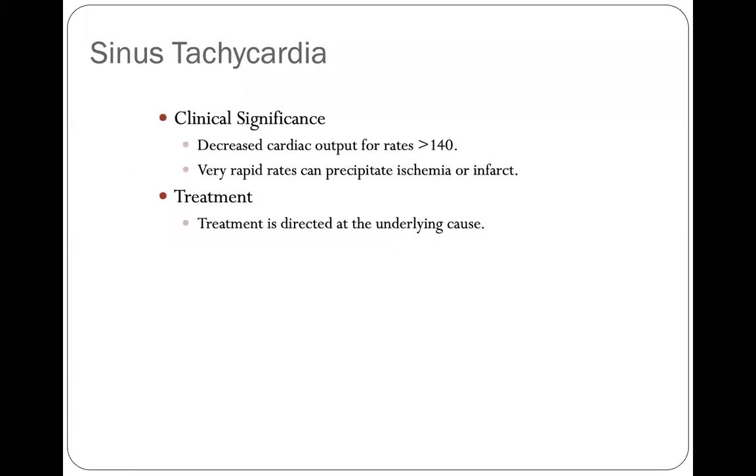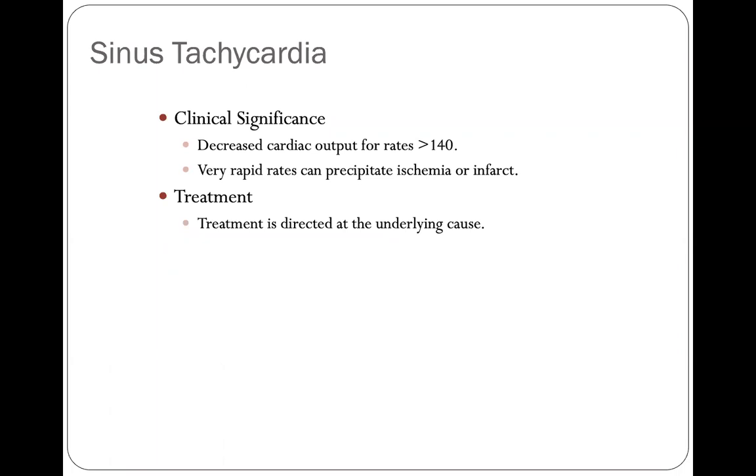Clinical significance: if it's not exercise based, and there's a difference in exercise physiology compared to normal physiology, so we need to skip exercise when I say the following thing. In a person who is not exercising, a heart rate greater than 140 can start to decrease their cardiac output.